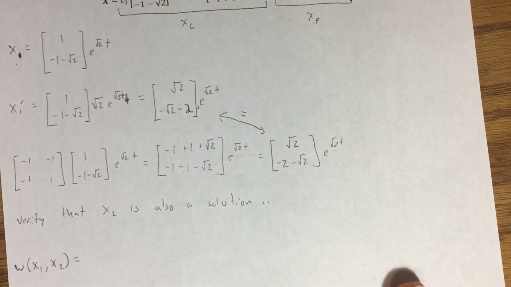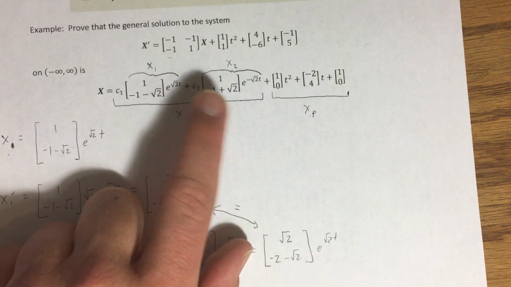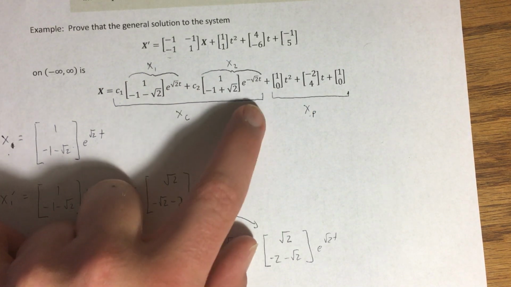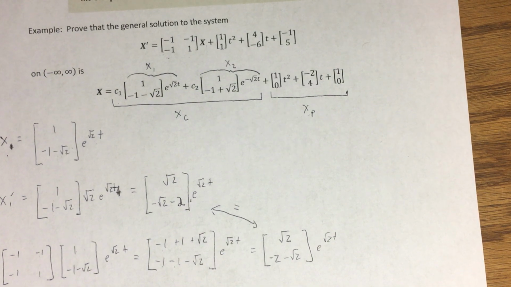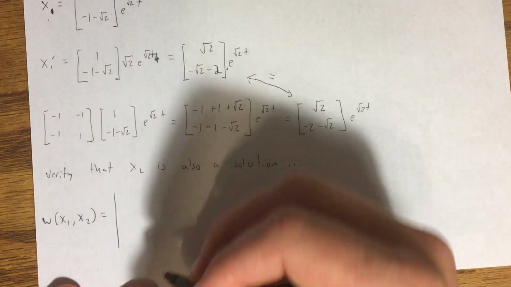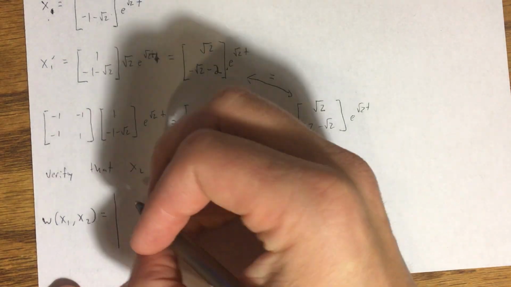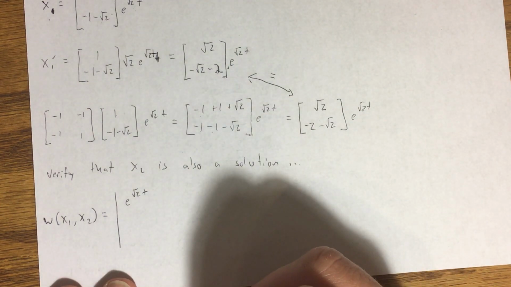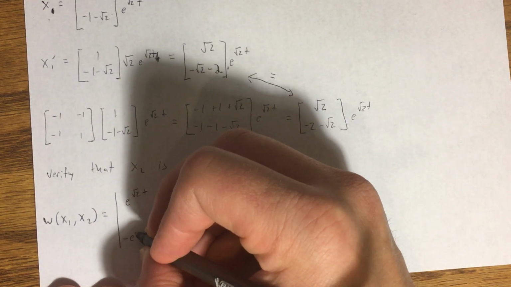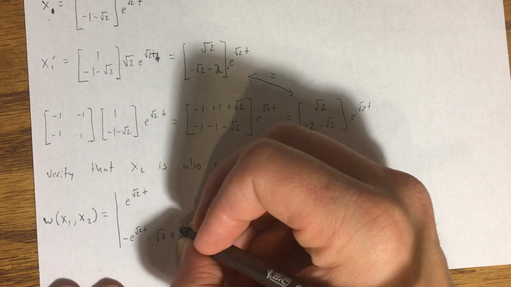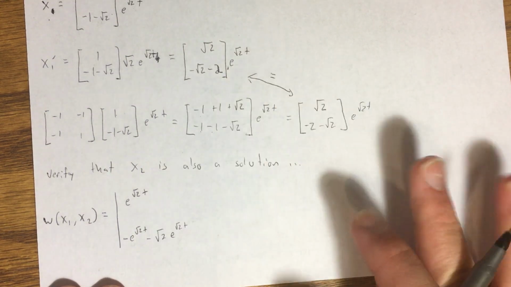Okay. Now we have x1 and x2 given up here. I'm going to multiply the exponential functions into those for the purpose of evaluating this determinant. So that's going to look like this. Remember, the first column is x1. So x1, after multiplying that exponential function in, is going to look like e to the root 2t, negative e to the root 2t, minus root 2 e to the root 2t.